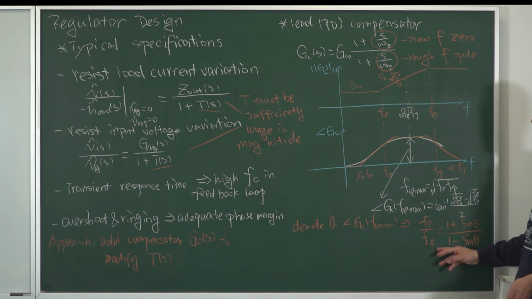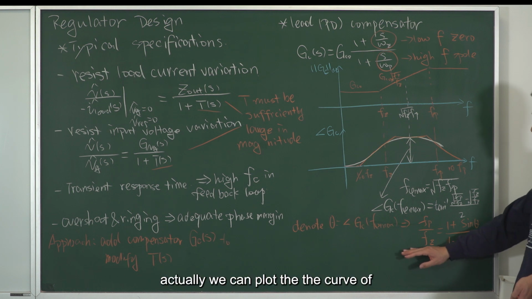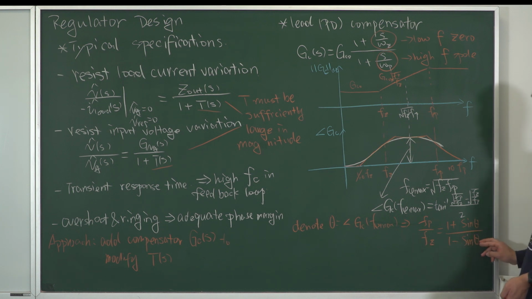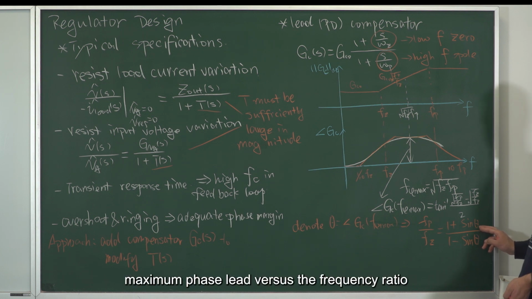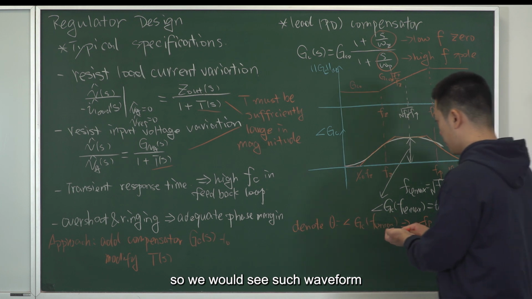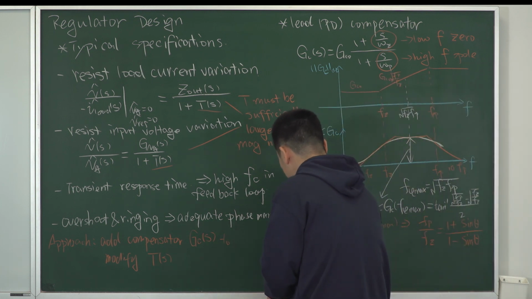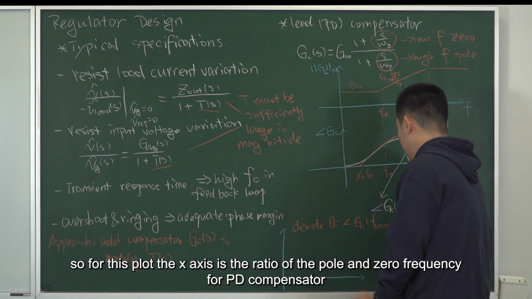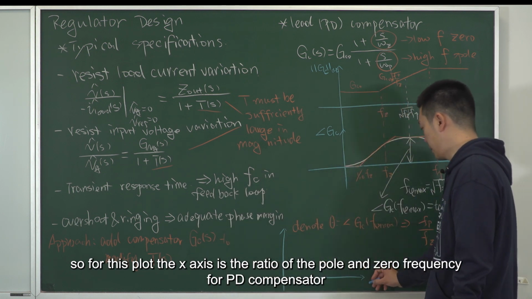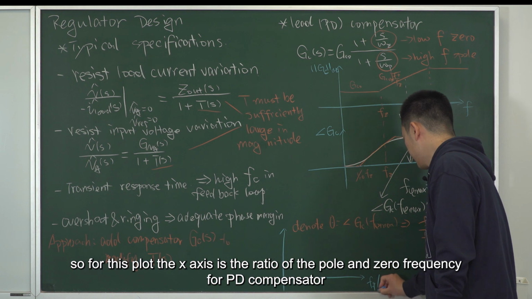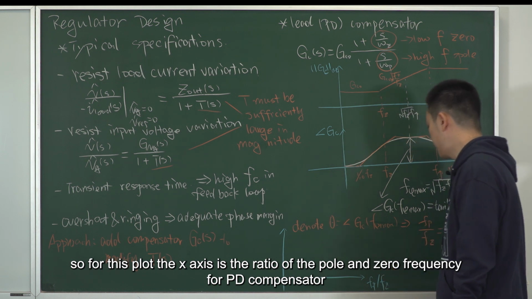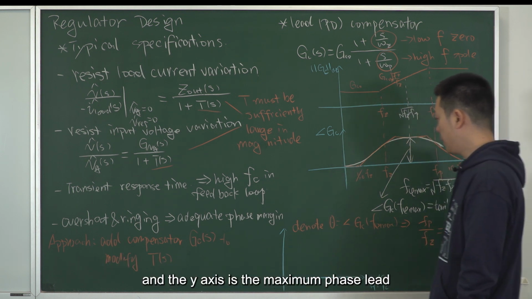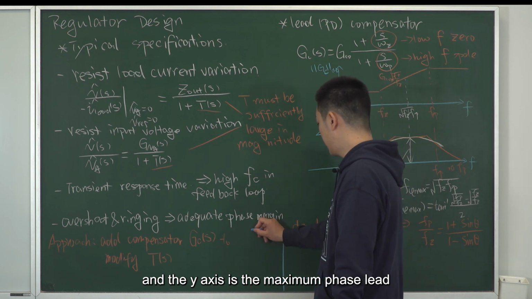So we can plot the curve of maximum phase lead versus the frequency ratio, and we would see such a waveform. For this plot, the x-axis is the ratio of the pole and the zero frequency for the PD compensator, and the y-axis is the maximum phase lead.